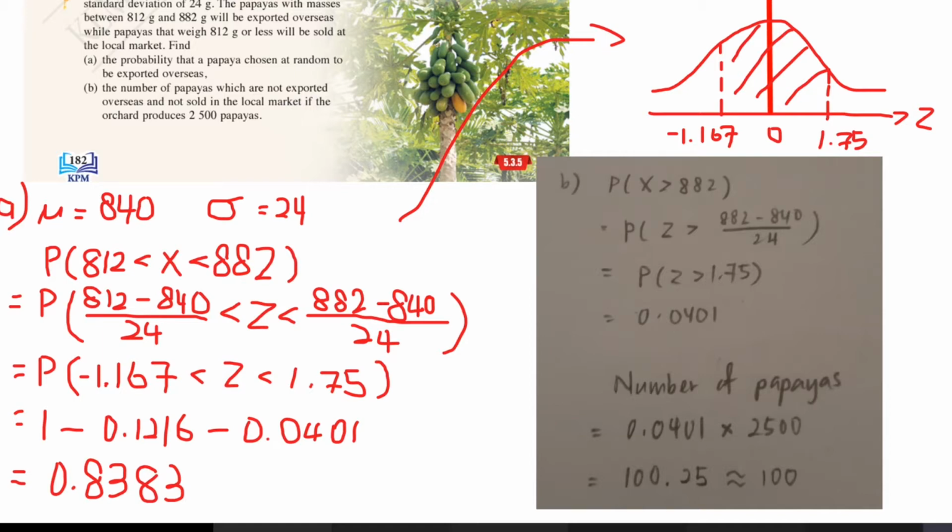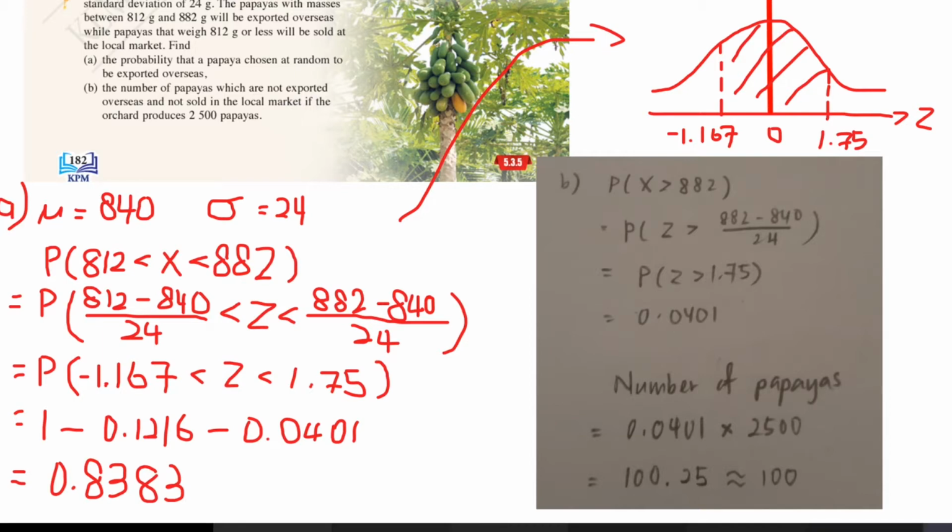Then B. The number of papayas which are not exported overseas and not sold in the local market if the orchard produces 2,800 papayas. I find the probability of the papaya being more than 882. Then I use 882 minus the mean and divide by standard deviation. Then I find the z-score is 1.75.